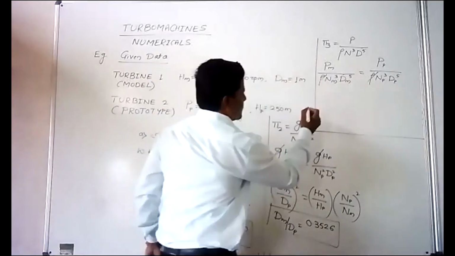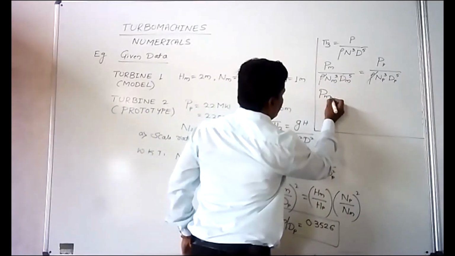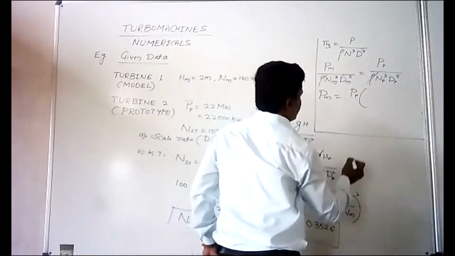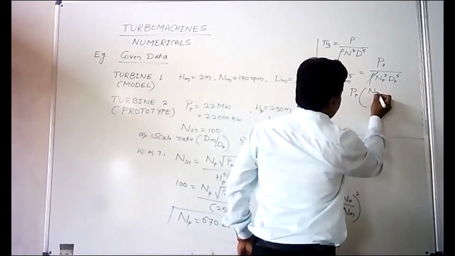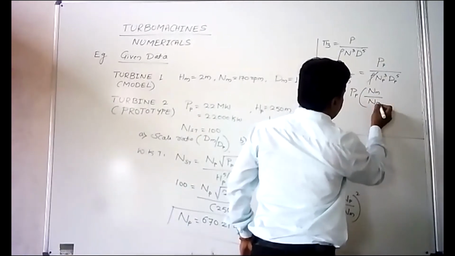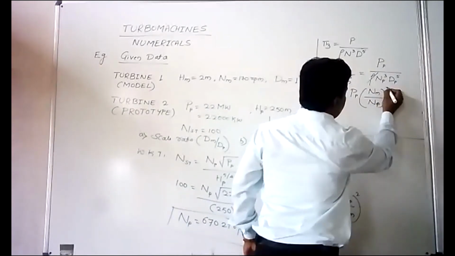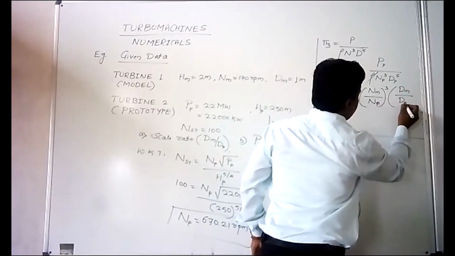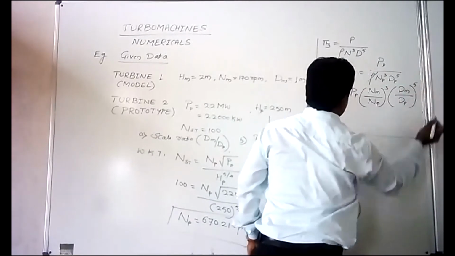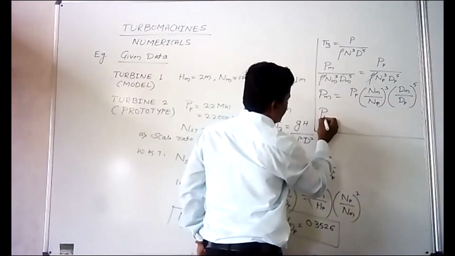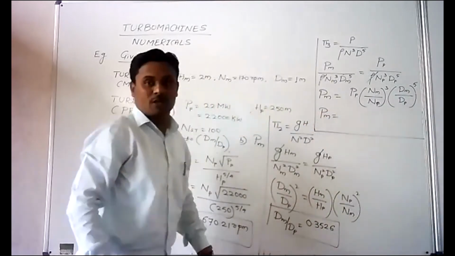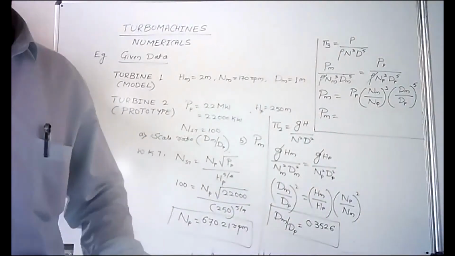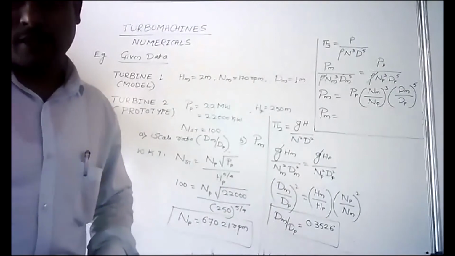Just do the cross multiplication. Pm equals Pp into Nm by Np whole cube into dm by dp to the power 5. So get the value of Pm in terms of kilowatts. If you are using Pp in terms of kilowatts, definitely Pm will also be in terms of kilowatts.